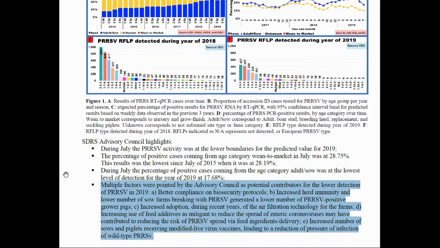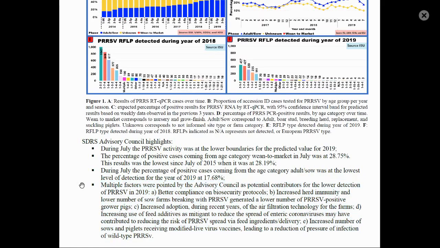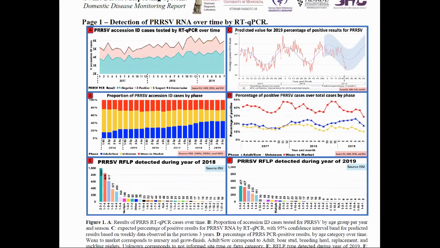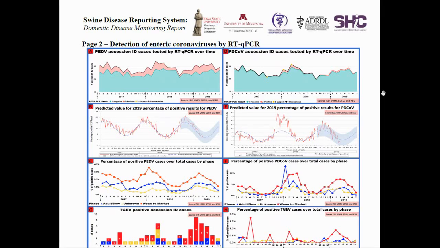So in summary, lower PRRS detection may be due to improved biosecurity, including air filtration and feed biosecurity, and also due to perhaps better herd immunity, including increased use of MLV vaccination in breeding herds, right? Or perhaps even in growing pigs. Anything else from this page related to PRRS that is worth mentioning? No, that's it for this month.